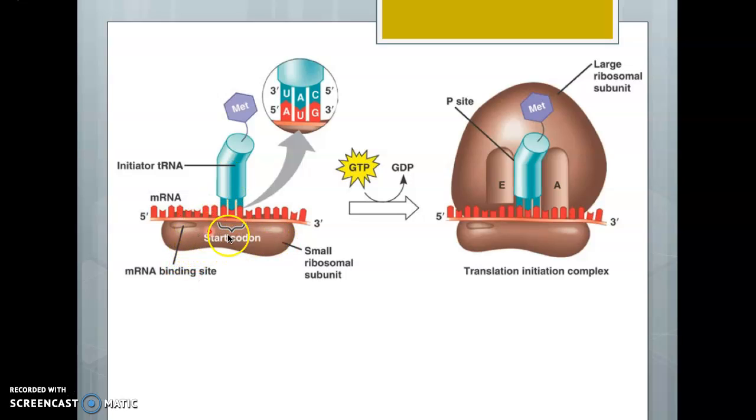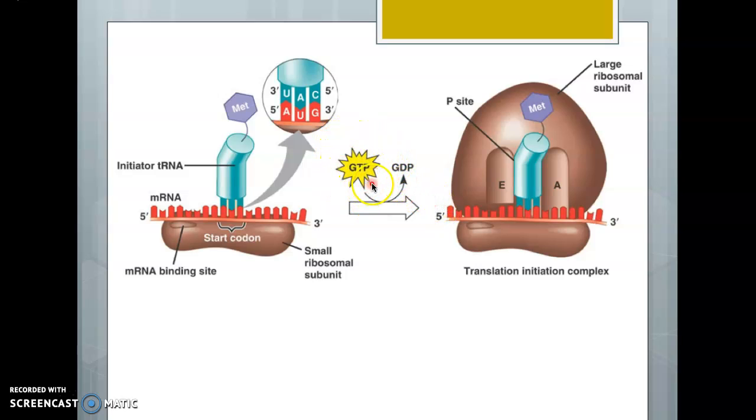So step one is the small subunit lines up with the messenger RNA, gets it in the right spot. Second part is that the tRNA with methionine attached to it, and here's what I like about it, it shows the start codon and then the anticodon on the tRNA. And then, in order for this to be completed, you need energy.